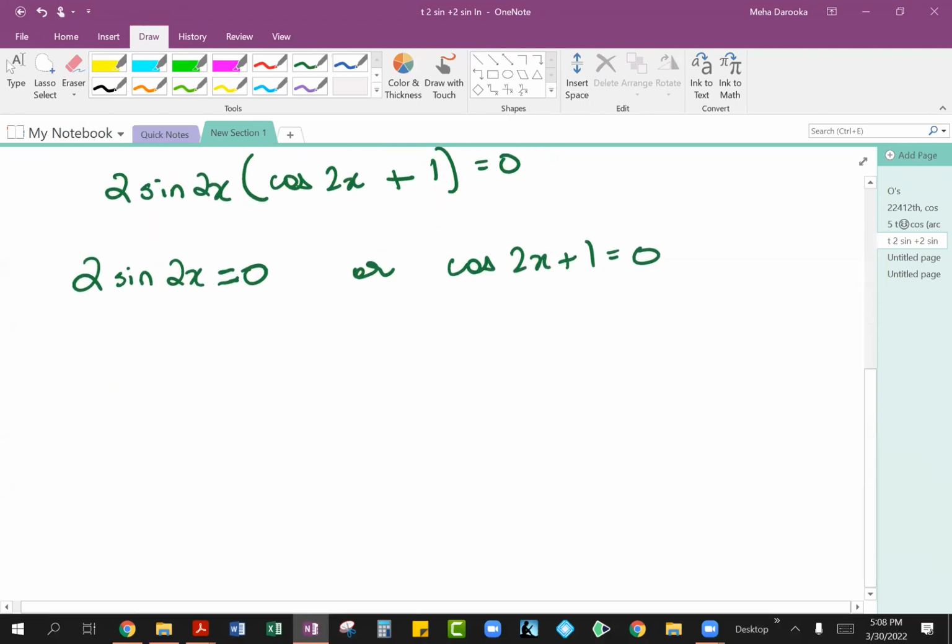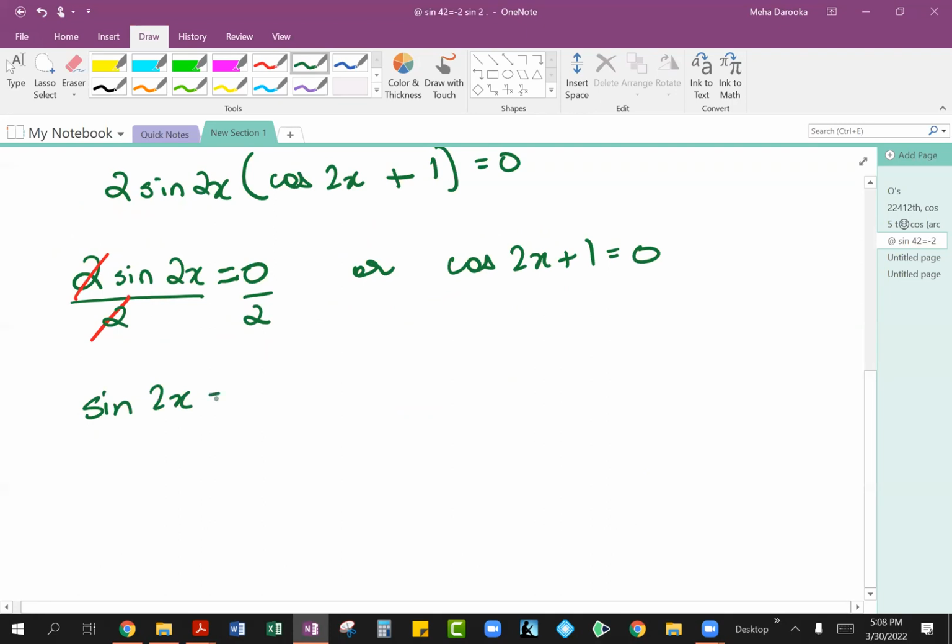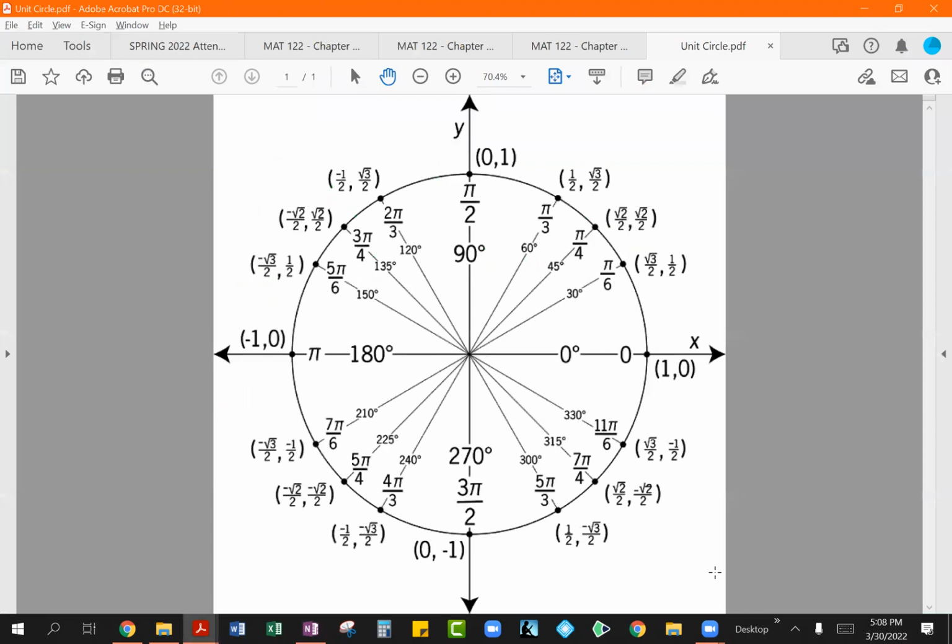Now we're going to solve each one of these individually. So let's start out by getting rid of this 2, divide both sides by 2. Sine of 2x equals 0. And over here, you basically want to think about, okay, when is my sine function equal to 0? So for what values of the angle is sine going to be 0? And, again, you can use your little unit circle for that.